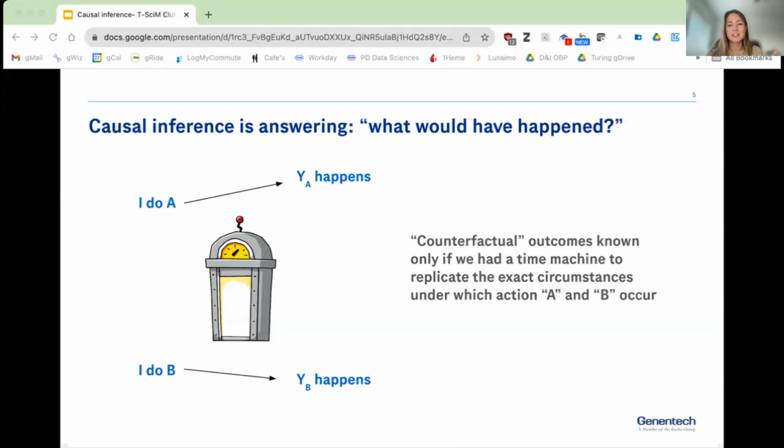But causal inference is not actually asking if I do A, then some Y happens. It's actually asking if I didn't do action A, would YA still happen? In other words, what would have happened if I did something else? These alternative outcomes are known as counterfactuals because they refer to what would have happened under different circumstances.